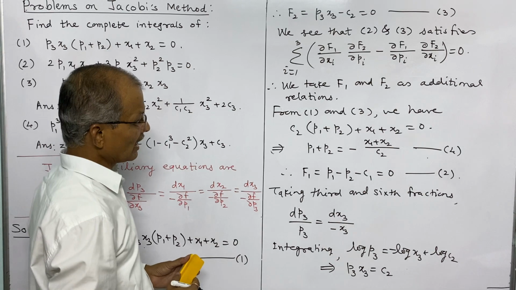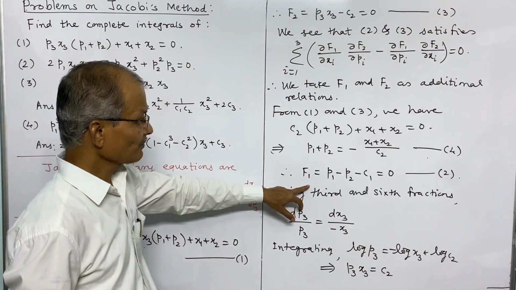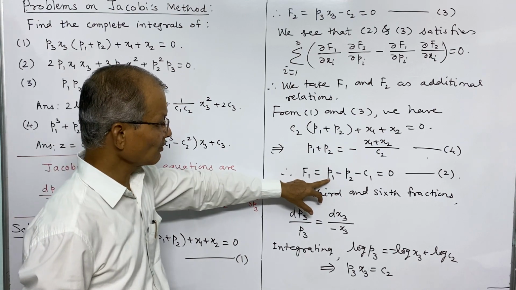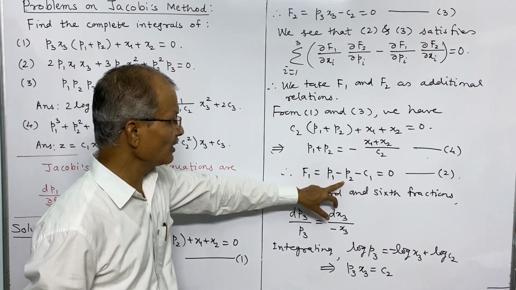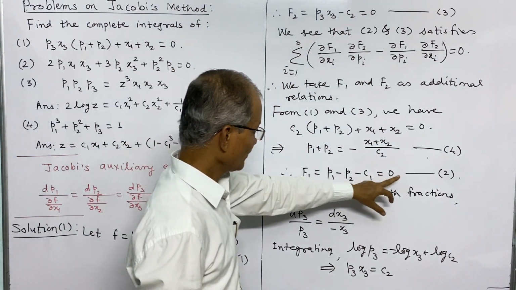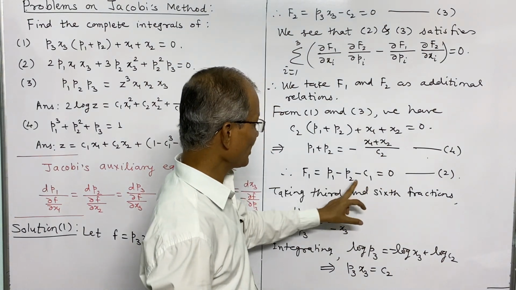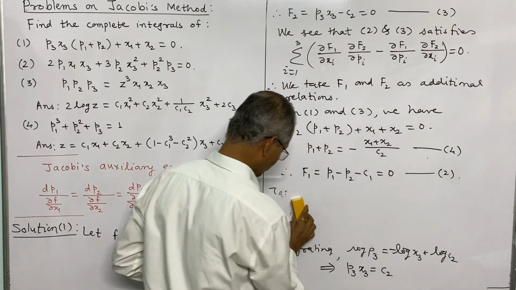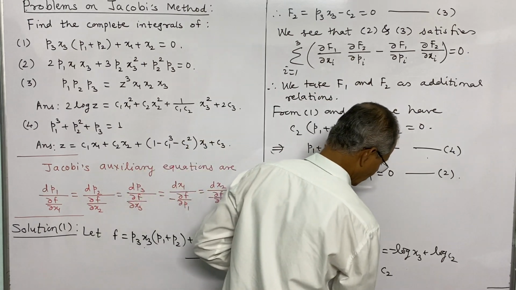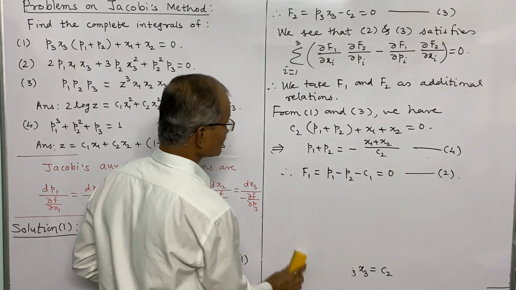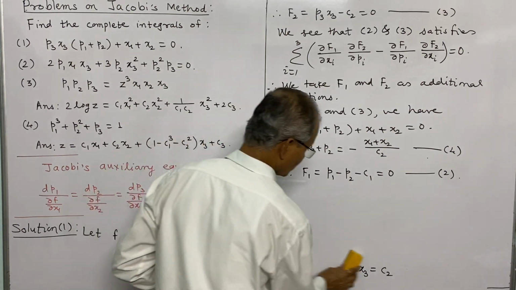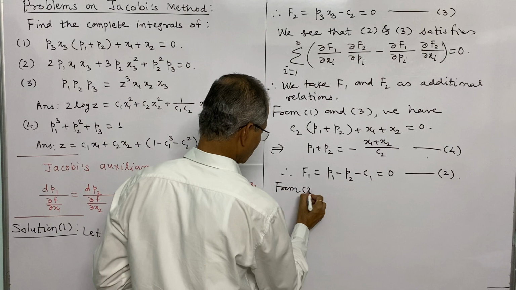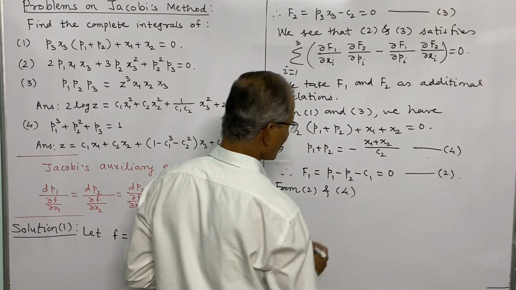Further, we will have this value of F1. See, we will use second and fourth. And from this, what is the value of p2? Shift this p2 to this side, p1 minus c1. So from 2 and 4, these are to be solved by observing.